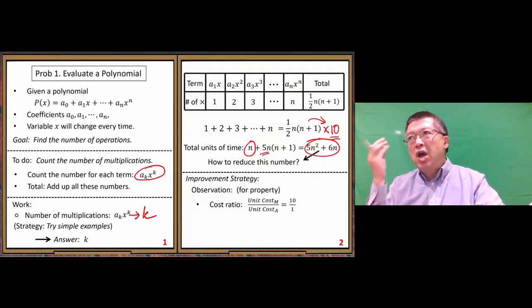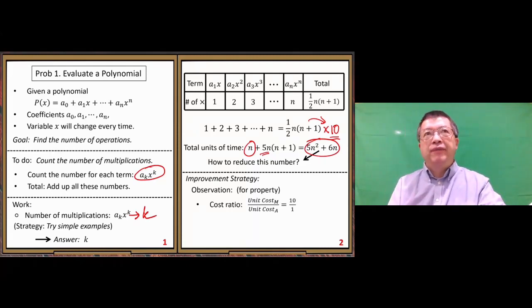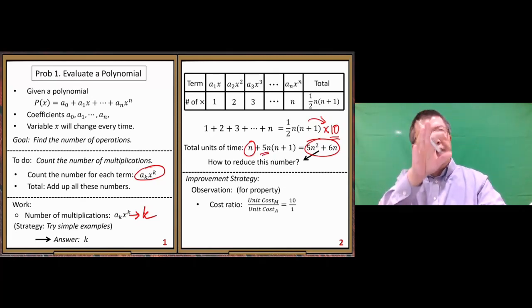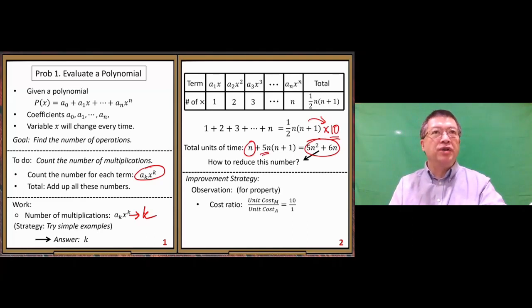When we consider the computation cost, we have two parts, the addition part and the multiplication part. Here, let us take the ratio of the unit cost for multiplication over the unit cost for addition. The answer, based on our assumption, is a 10:1 ratio. That's a relatively big number.